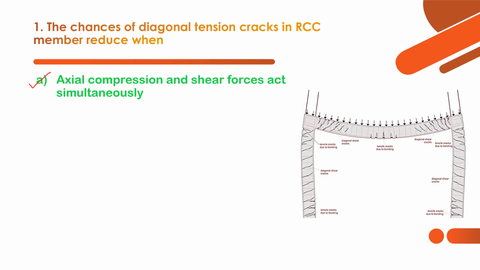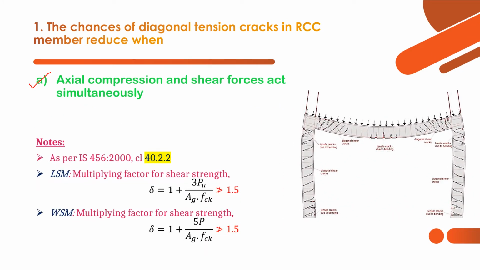Now let's see how it is reduced, how strength is increased. You can see here, as per clause number 40.2.2 of IS 456, they have given one multiplying factor for shear strength. During shear strength calculation, in case of a member subjected to axial compression and shear forces, we have to multiply that shear strength value with this multiplying factor, so that shear strength is increased by this amount.